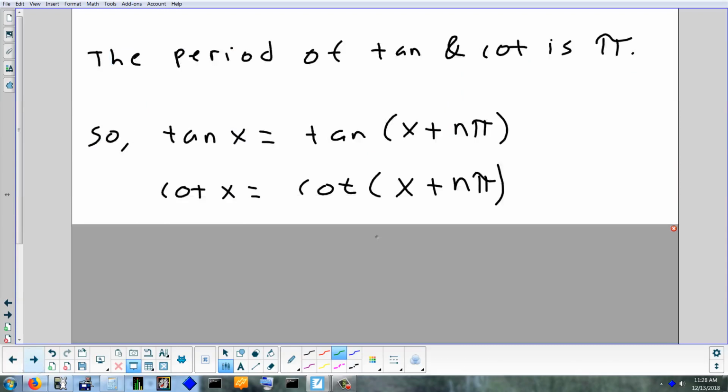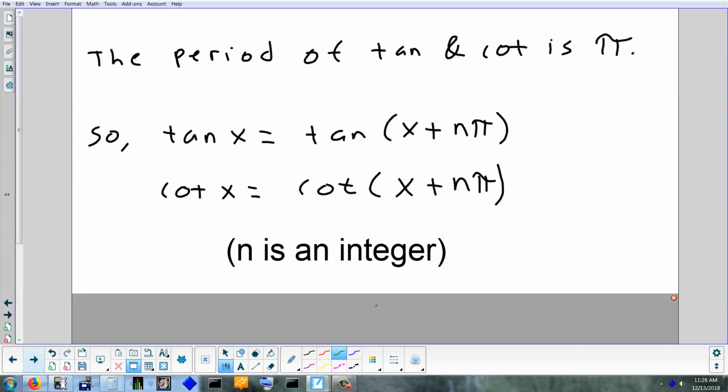So you can do that with tangent and cotangent. Adding or subtracting any integer multiple of pi, or if you want to think in degrees, any integer multiple of 180, will always give you the same answer.